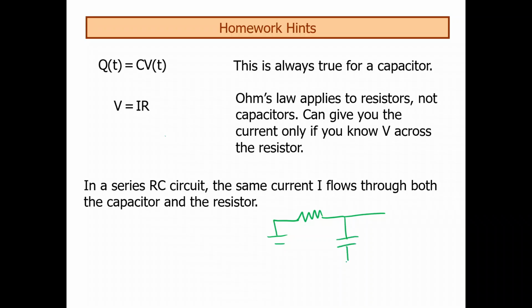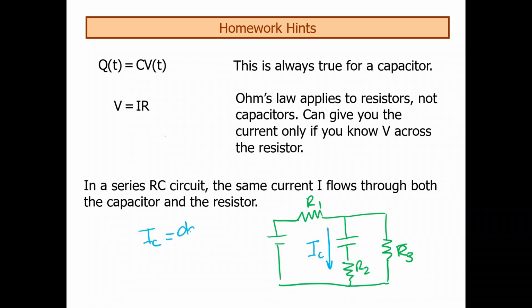So if you have something like this, say this one was R1, R2, and R3, I might define this one here as IC. IC is dq dt. You might have other currents.